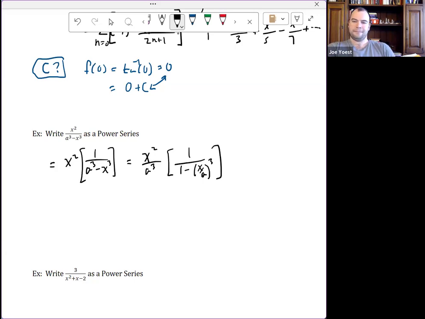And I get that. And here I have 1 over 1 minus something. So we're really making use of the geometric series here, right? So 1 over 1 minus something turns into the sum of something to the n.